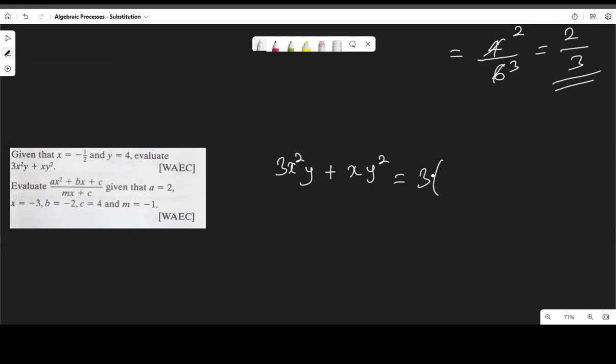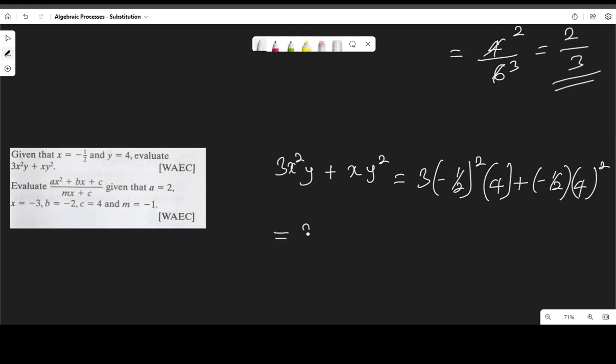X is negative half squared, and times y is 4, and plus x again, negative half times y squared, y is 4, 4 squared.